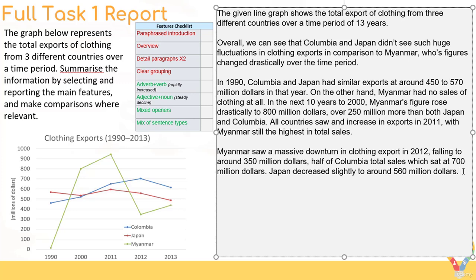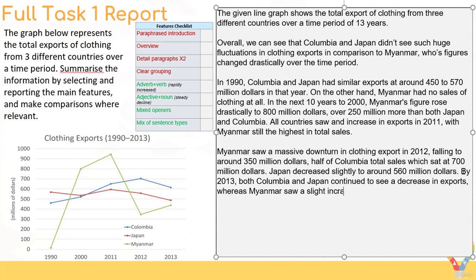Let's say by 2013, both Colombia and Japan continued to see a decrease in exports, whereas, another way to say on the other hand, whereas Myanmar saw a slight increase, although was still the lowest producer or exporter of clothes in 2013.